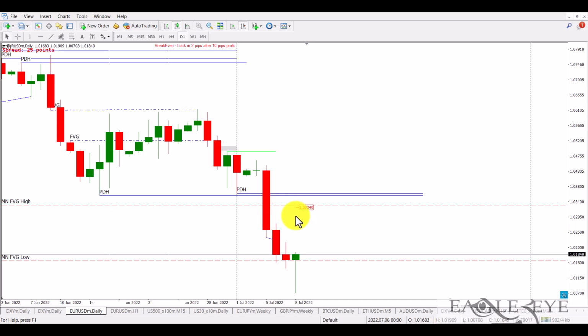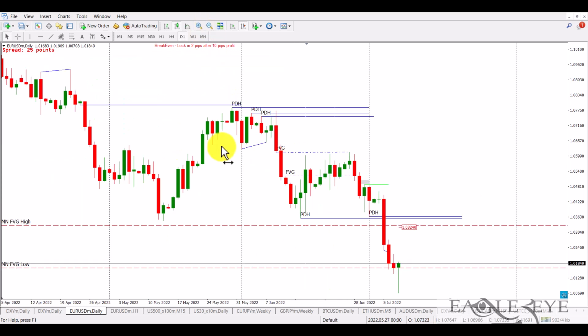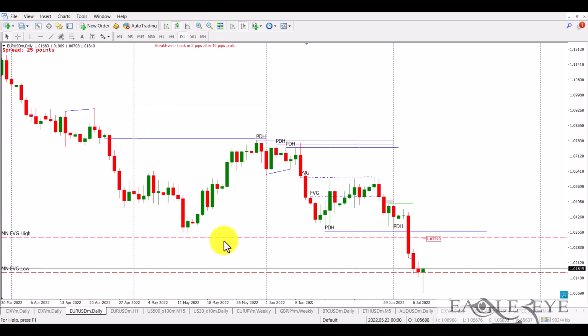So I was expecting 100 pips in the week, but price did more than that, I think almost 3 times of it, or maybe 2 times. Whatever the case, price delivered really well.